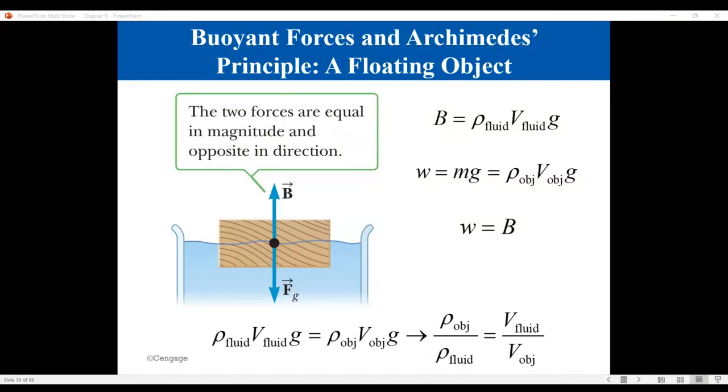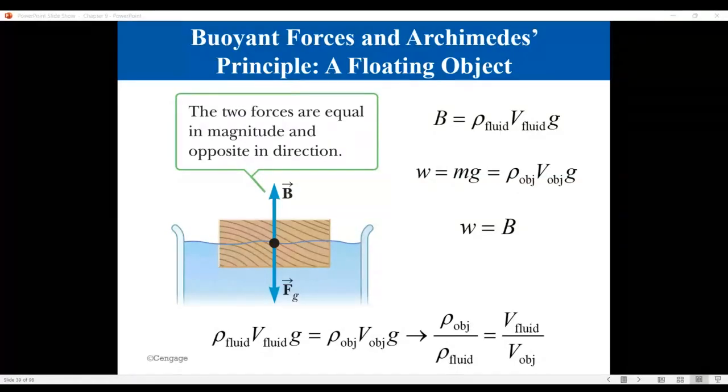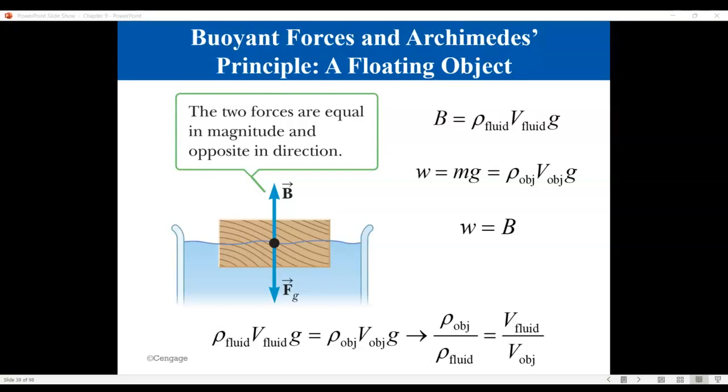I just want to be careful with the volume of the object. The volume of the object is the actual volume of the object. Okay, right. So I'll do it again briefly, what I mean by this.